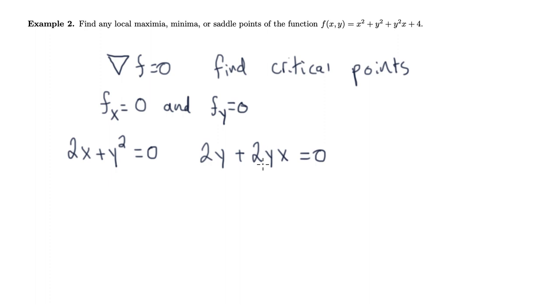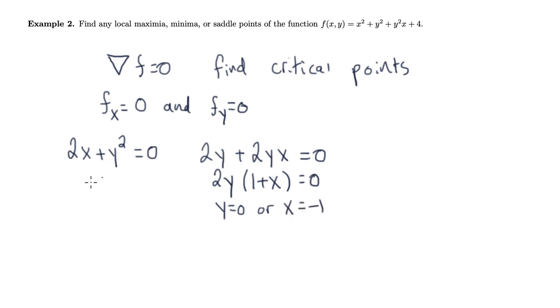So we want to be really careful and do some factoring and look case by case. So what we have here, if I factor out a 2y, I have 2y times 1 plus x is 0. So here, either y is 0 or x is negative 1.